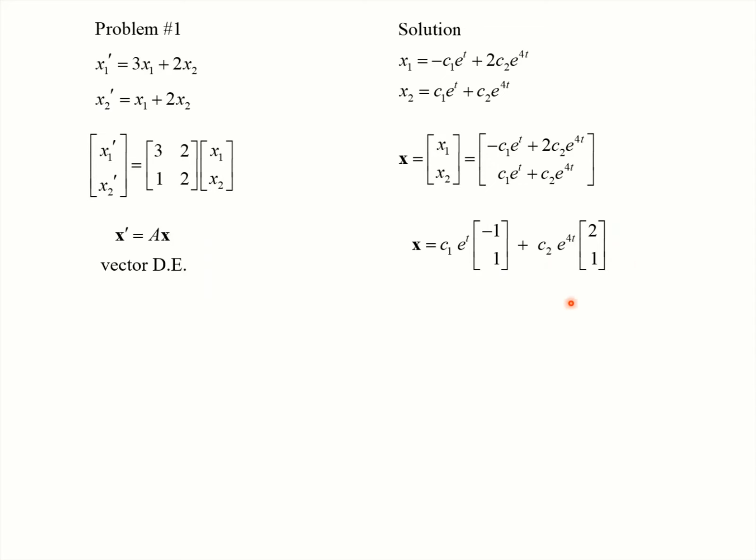Now this vector, e to the t times (negative 1, 1), we're going to relabel as vector x1. And over here, we're going to label e to the 4t times (2, 1) as vector x2. Those vectors are going to be in bold here.